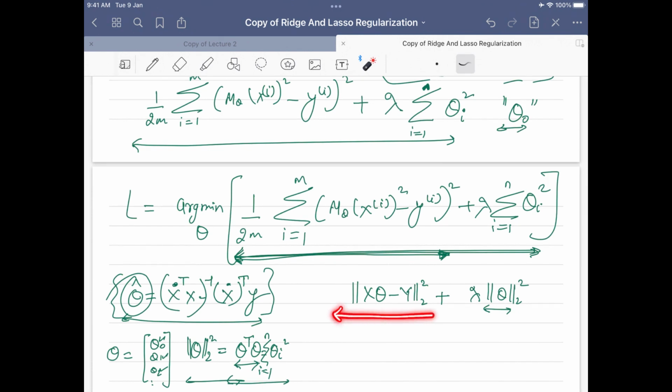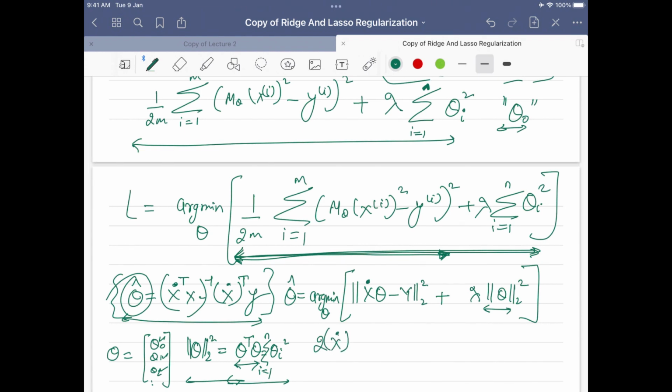Now, what is theta hat? Theta hat is nothing but the argument that minimizes the value of this expression. If you differentiate this with respect to theta, you will get 2x transpose times (x theta minus y) plus 2 lambda theta equal to 0. This is the expression you get once you differentiate the loss function with respect to theta.